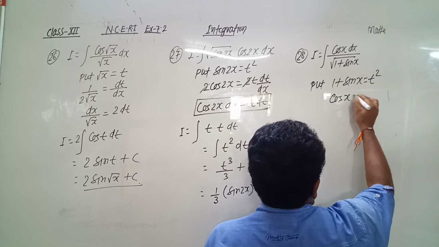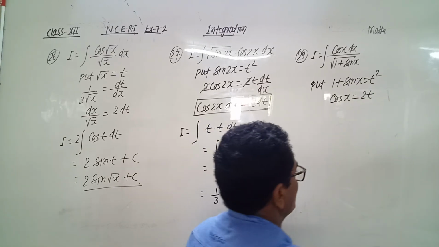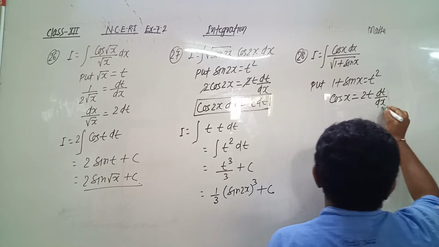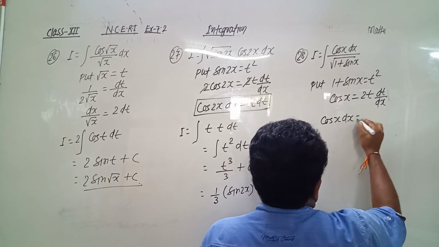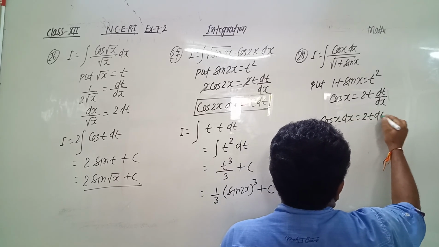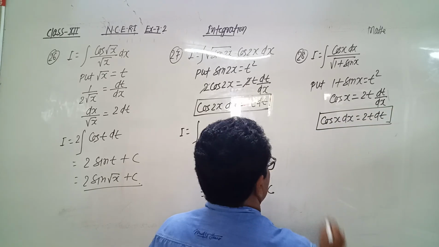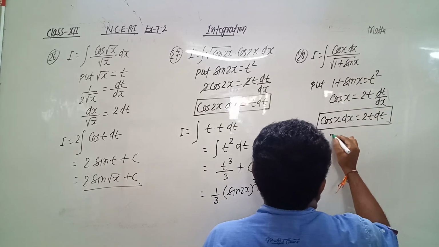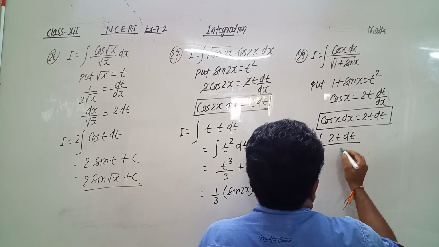And differentiation of sin x is cos x. Differentiation of t square is 2t, and differentiation of t is dt by dx. So we get cos x dx equals 2t dt. So I equals integration of 2t dt upon root of 1 plus sin x.